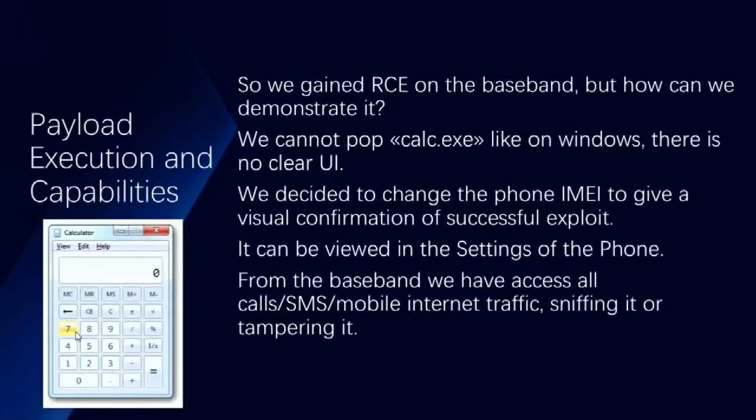Okay, Marco. So at this point, we gain remote code execution on the baseband, but we are at the competition. We need to provide visual confirmation to the judges. But the problem is there is no display on the baseband. There is nothing, and we cannot just pop calculator like on Windows because there is no UI.